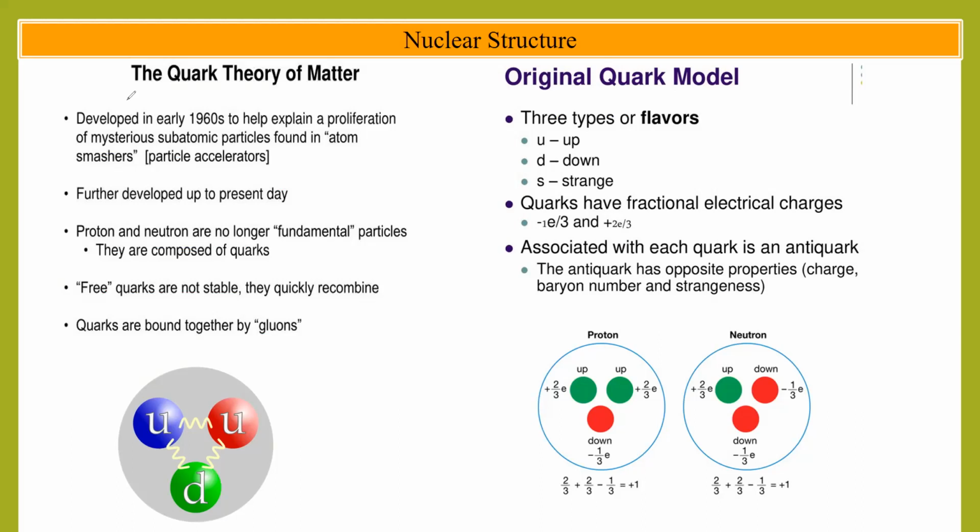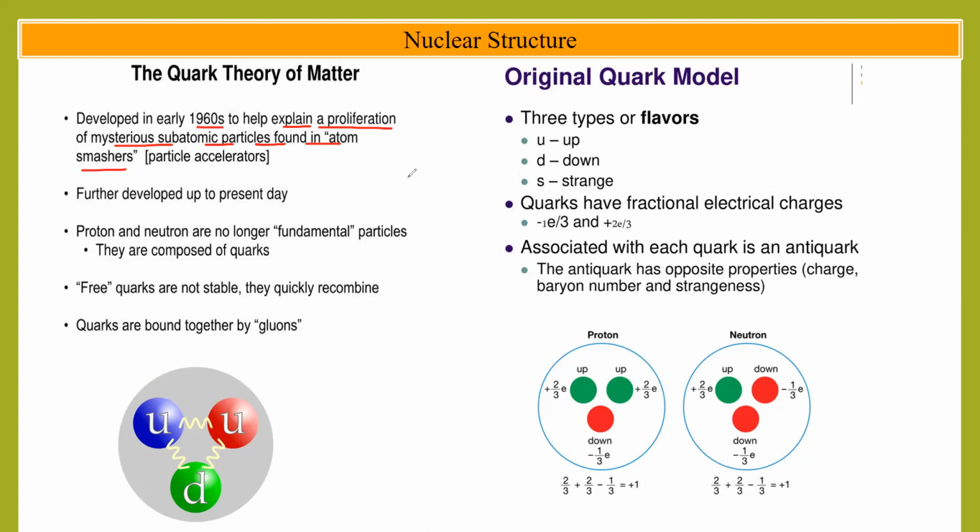This quark theory was developed in 1960. Why was it developed? Because it gives an explanation about a proliferation of mysterious subatomic particles found in atom measurements.